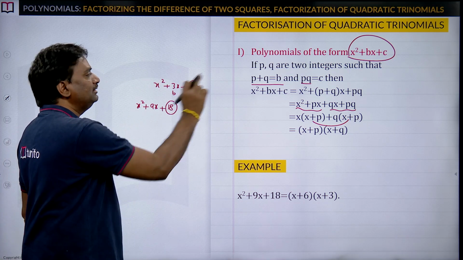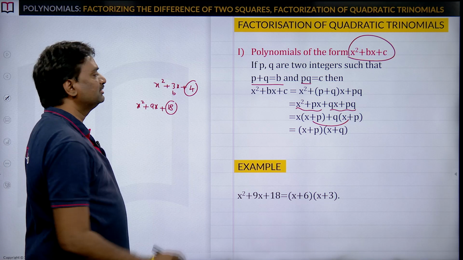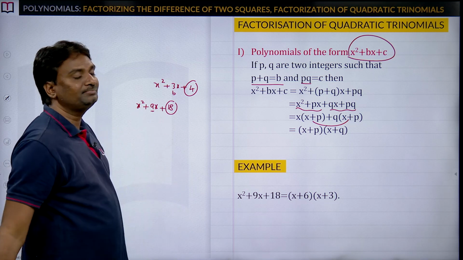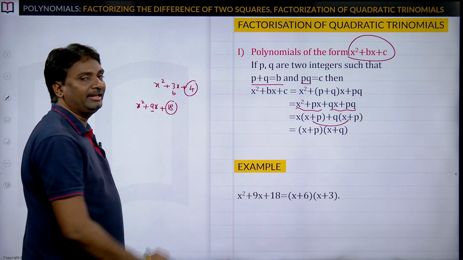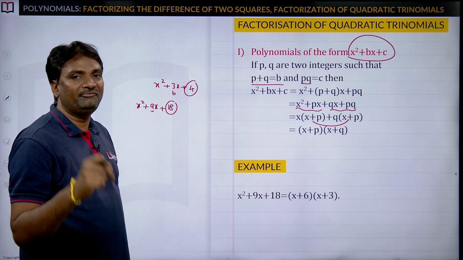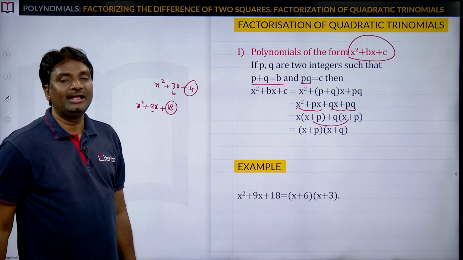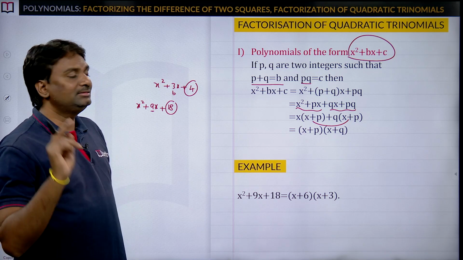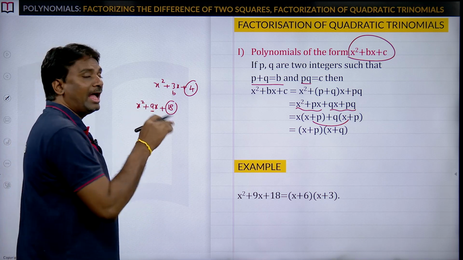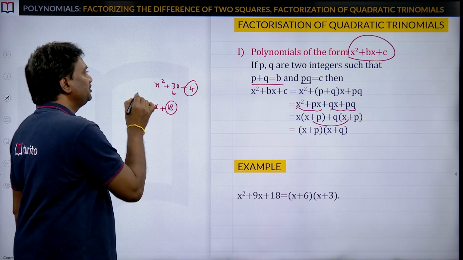By comparing this with x square plus bx plus c, in place of b we have 9, and in place of c we have 18. Take the factors of 18. For example, 2 into 9 is 18, 3 into 6 is 18, 1 into 18 is 18. But by adding those two factors, you must get 9.